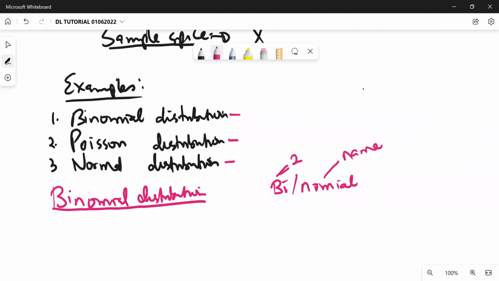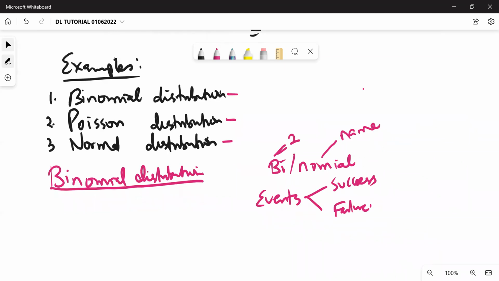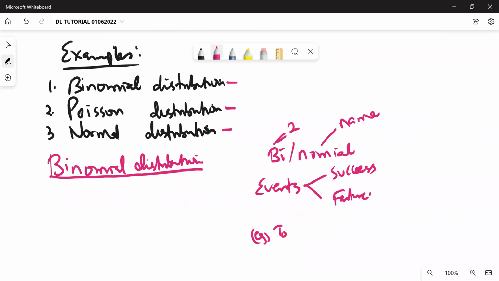So when you talk about binomial distribution, we talk about events or variables whose occurrences have two possible outcomes, where one of the outcomes will be called success and the other one will be called failure. For example, when you toss a coin, there are two possible outcomes. Either you get head or you get tail.